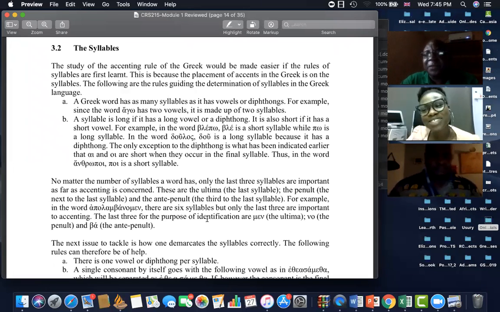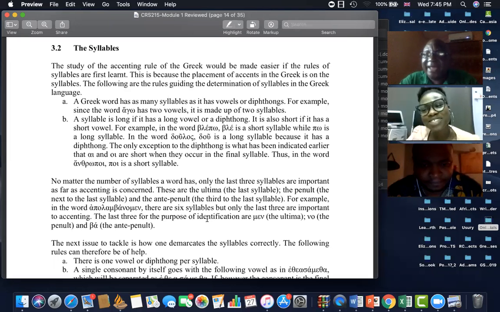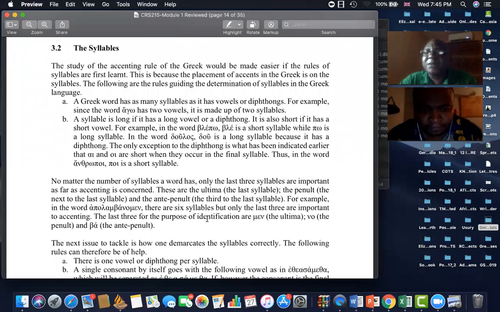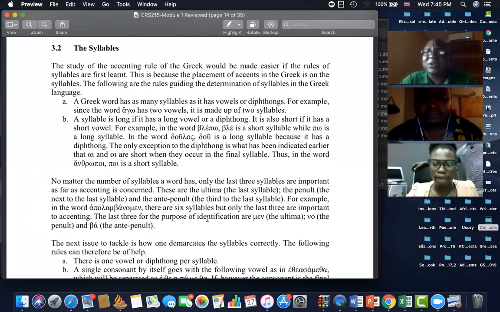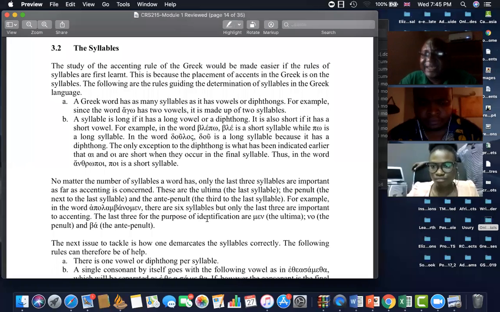Now, if I go to the plural, luomen becomes we lose. In the second person plural, I can't remember what's there, but in the third person plural, it's okay. Second person is luete, and the third person is luosi.